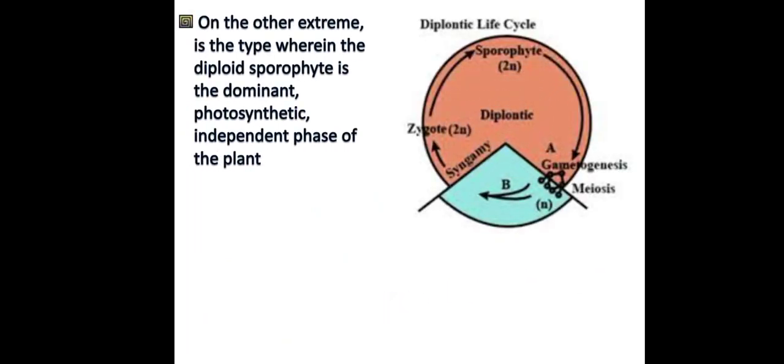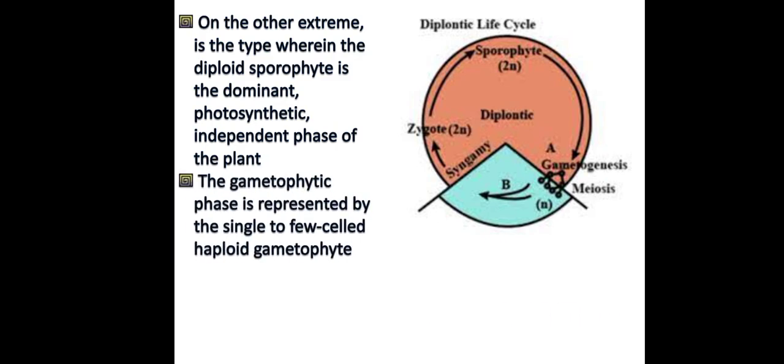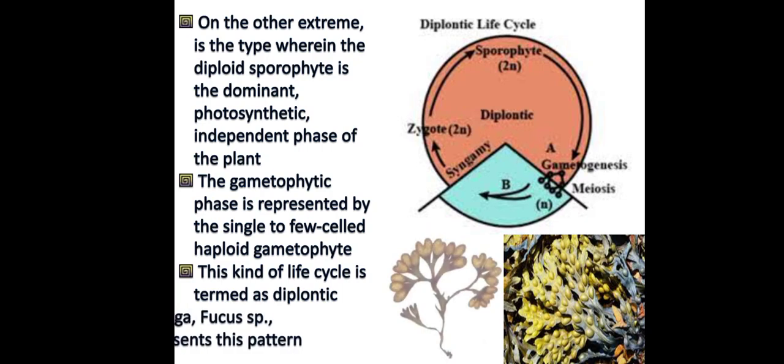On the other extreme, there is a type where the diploid sporophyte is the dominant, photosynthetic, independent phase of the plant. The gametophytic phase is represented by the single or few-celled haploid gametophyte. This kind of life cycle is the diplontic life cycle. An alga, Fucus, represents this pattern.